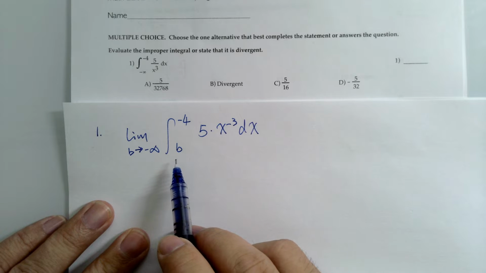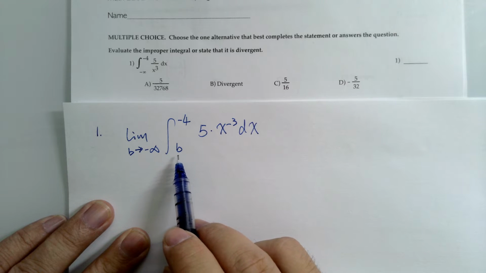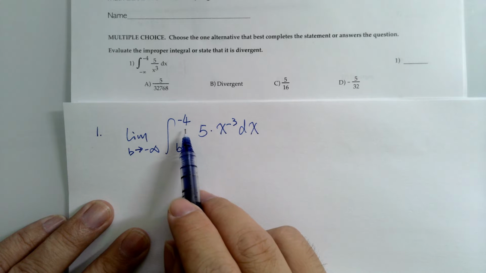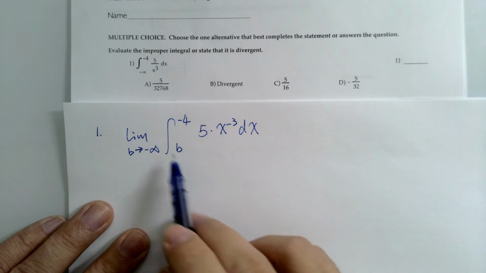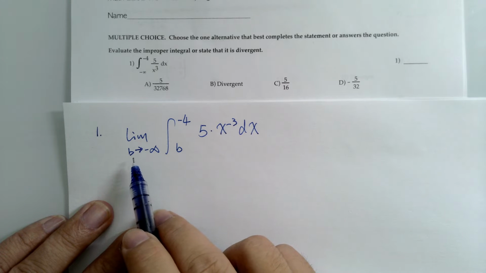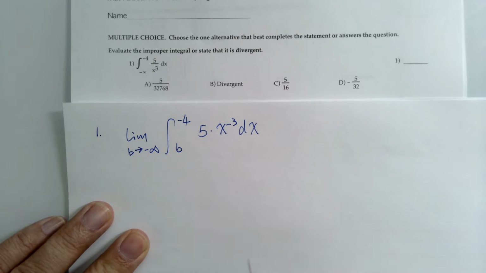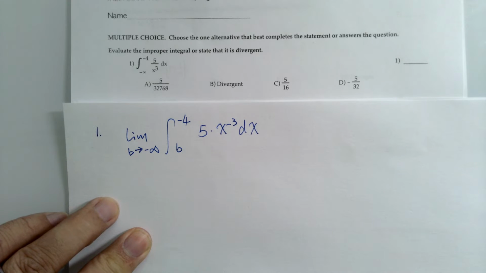That is also the way we handle this improper integral. Set up that integral from b to negative 4, and after you evaluate this definite integral, you take the limit as b approaches negative infinity. So that's the way we handle that.